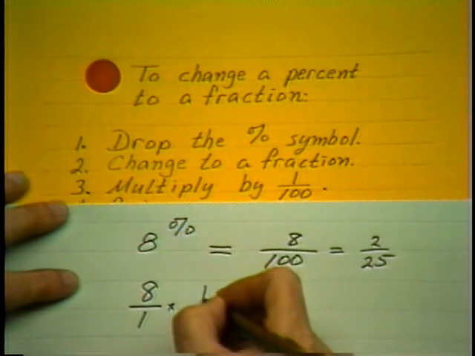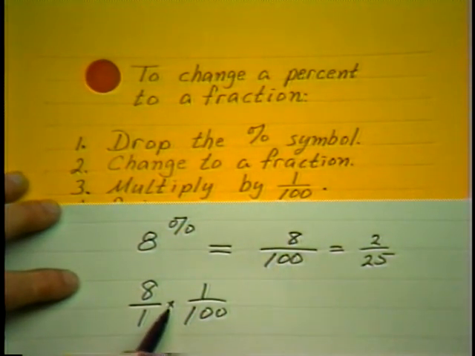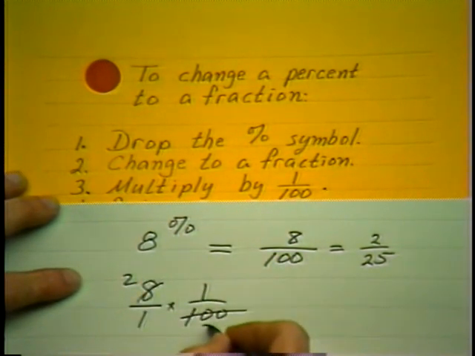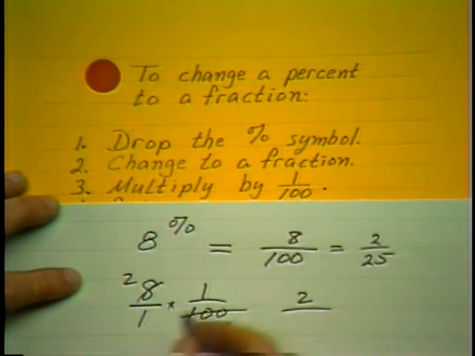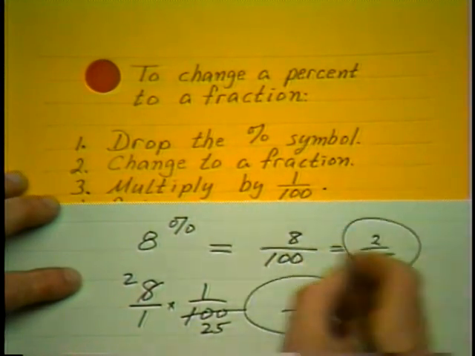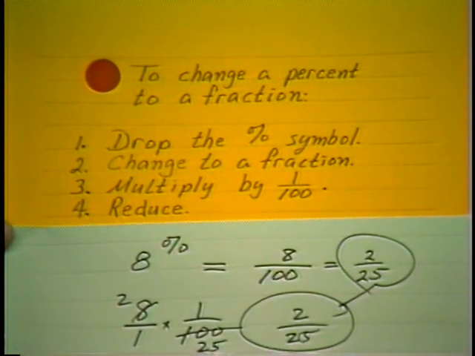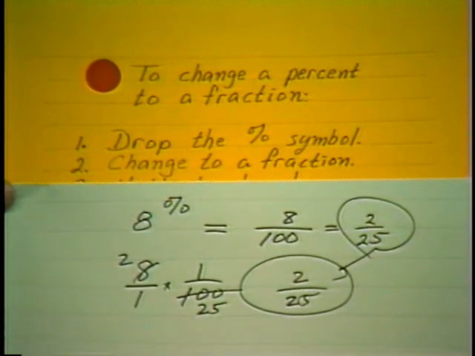So multiplying by 100th, and in this case, because we're multiplying, I can use the reduction or cancellation law. 4 goes into here 2, 4 goes into here 25, 2 times 1 is 2, 1 times 25 is 25, and I'm done, and it checks. Then, of course, reduce, which in this case we reduced before we multiplied.